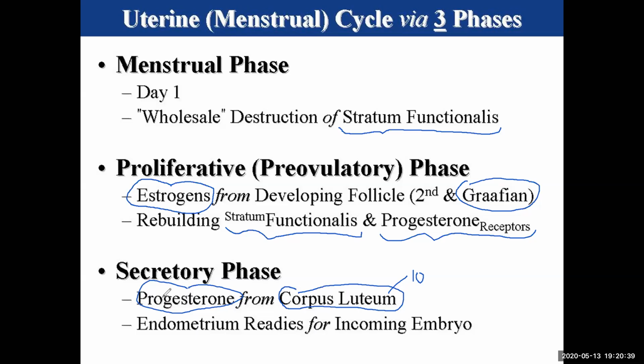It has around 64 cells or something like that, and it will implant itself into the wall of the maternal uterus. So in other words, progesterone is basically making sure that the mucous membrane lining of the uterine wall, called the endometrium, is ready for implantation.